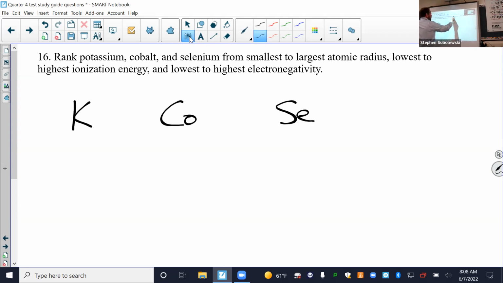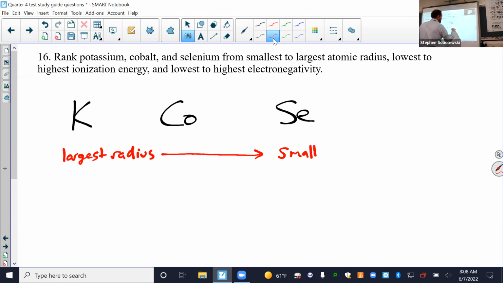So the trend from smallest to largest atomic radius. Remember, as you go from left to right, the atoms actually shrink down in size, which is counterintuitive. I mean, of these three, selenium has the most protons, the most neutrons, the most electrons. One would expect it to be the biggest, but it's actually going to be the smallest. So we're going to have here the largest radius to the smallest radius.